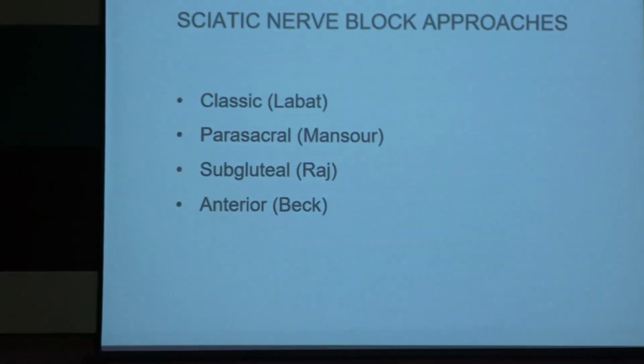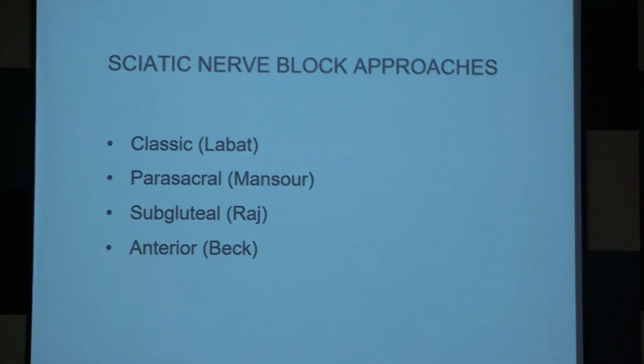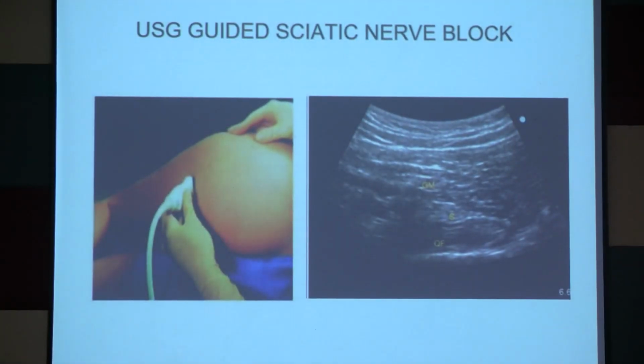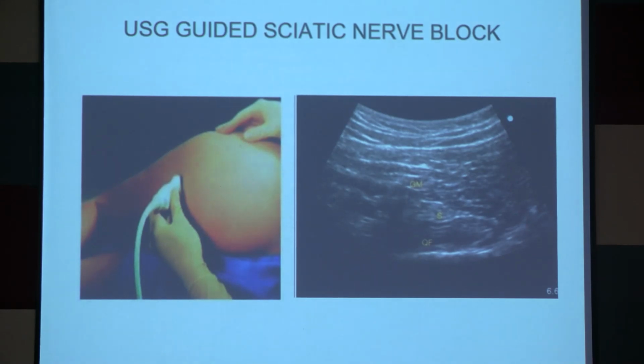These are the approaches. The classic Labat approach is the most commonly practiced method. This is the USG guided block, which you are performing as a subgluteal approach. As you can see, here is the gluteus maximus, here is the quadratus, and here you will get your sciatic nerve which you have to block. So it is a very deep nerve block.